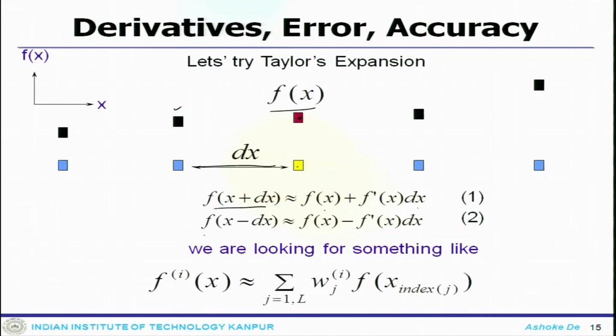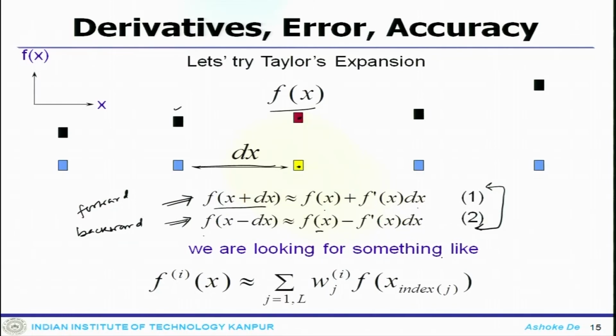So, this essentially writes the forward formula. And the second one, you go back, so this is the point where f x is defined. So, this is actually the backward formula, approximated as f x minus f prime x dx. So, you get back these two systems.